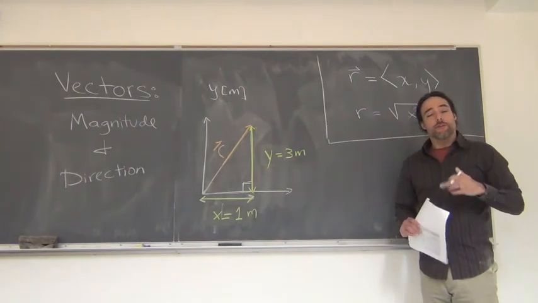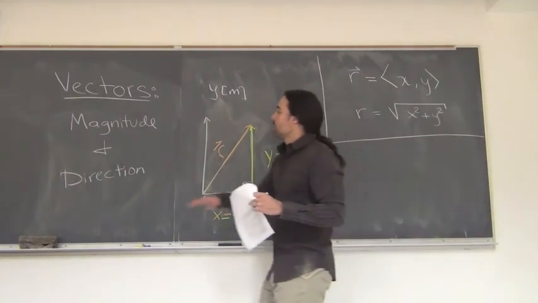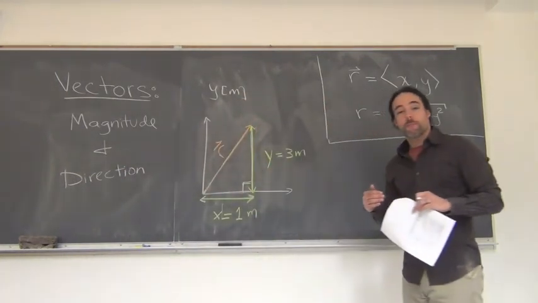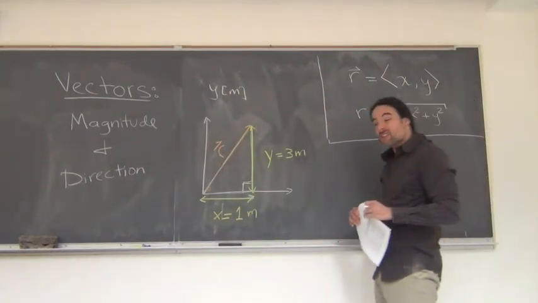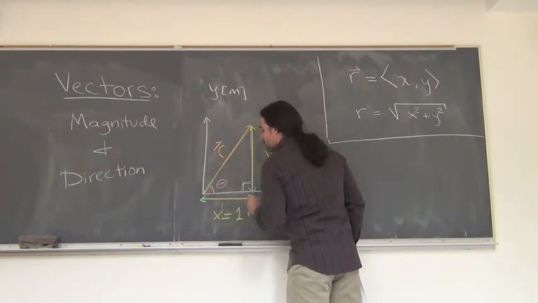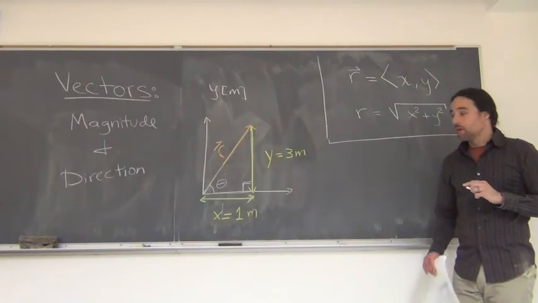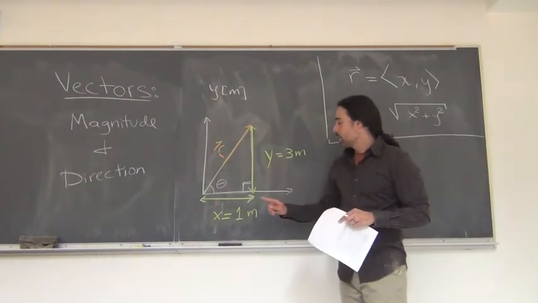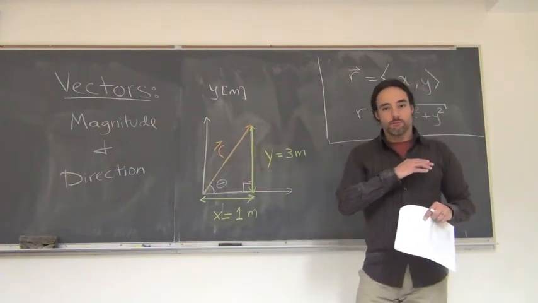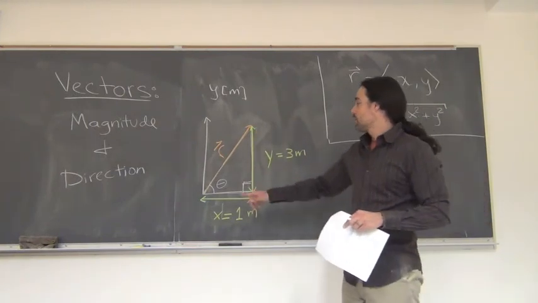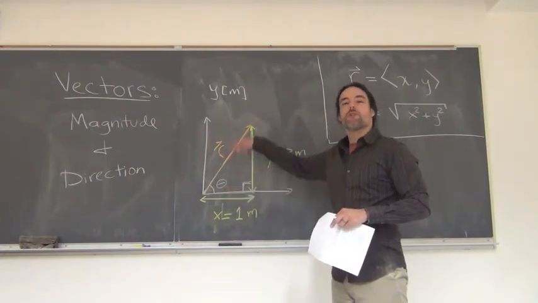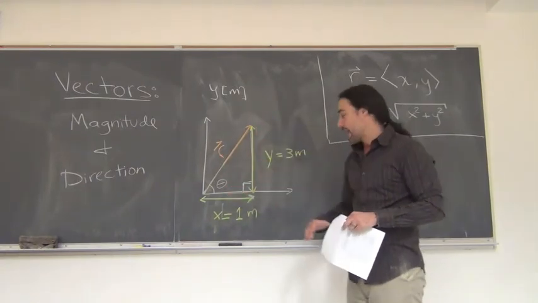So magnitude is not the only thing we need. We need magnitude and a direction to define our vector. And our direction we can write in terms of an angle. So I can say that my vector r is a distance so many meters, let's say at a 30-degree angle above the x-axis.